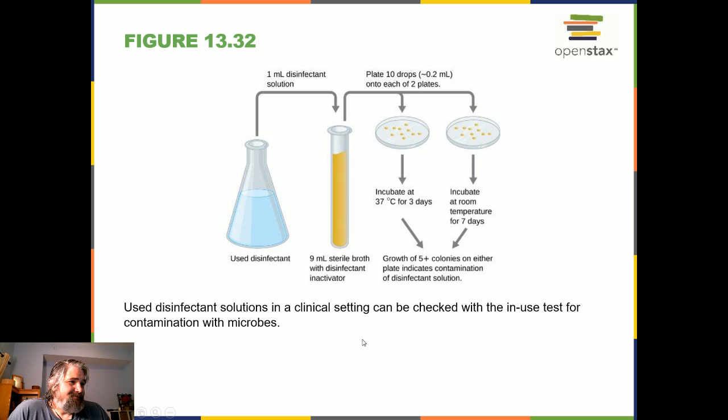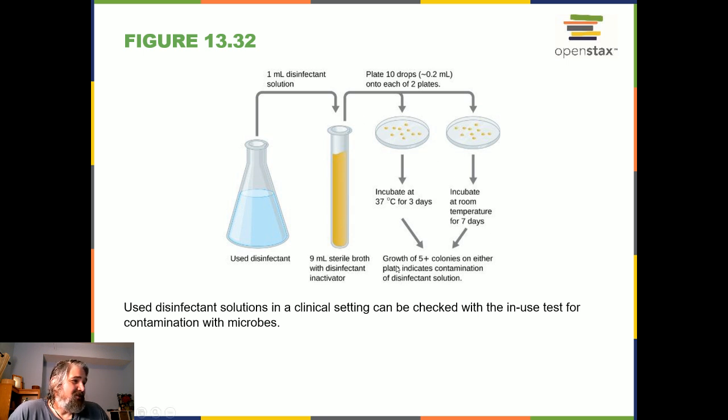Okay, so here is another approach where we are taking some disinfectant solution and checking it with the in-use test for contamination with microbes. We take the used disinfectant, so we're seeing if any of the microbes treated with the disinfectant are still alive.